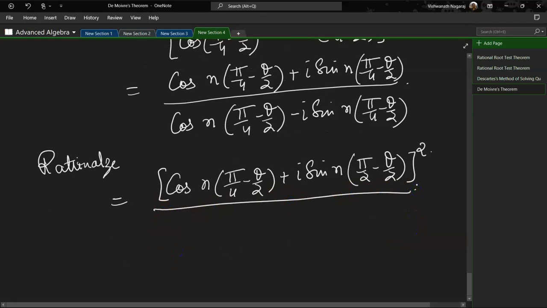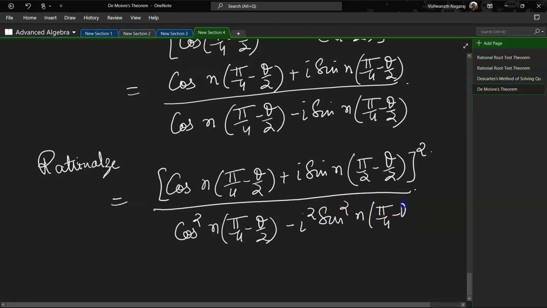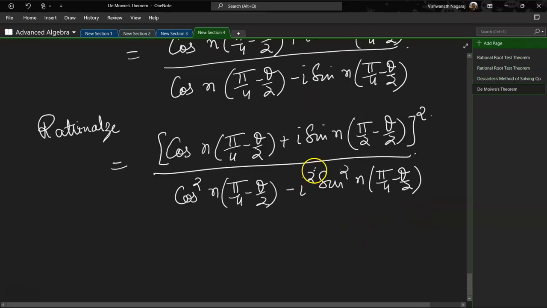Whereas in the denominator it will become (a minus b)(a plus b), so each of these individuals will become squares. So this will become cos square n (pi by 4 minus theta by 2) minus I square sin square n (pi by 4 minus theta by 2). Now if I cancel this I square, this will become plus, and the angles are same. So cos square plus sin square will become 1. So we don't have to bother with this.